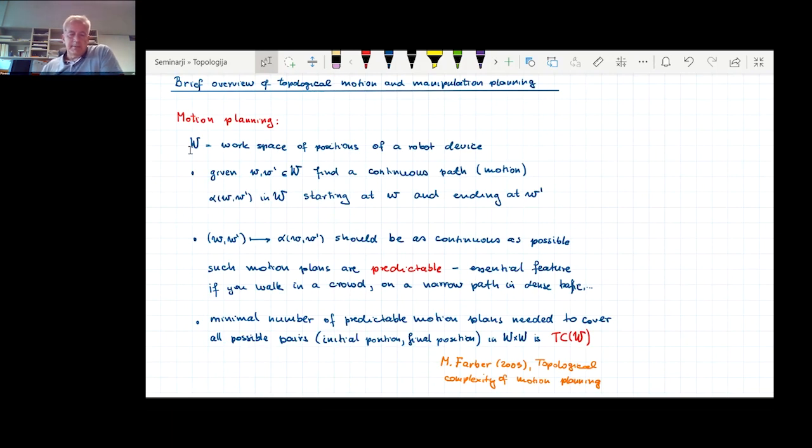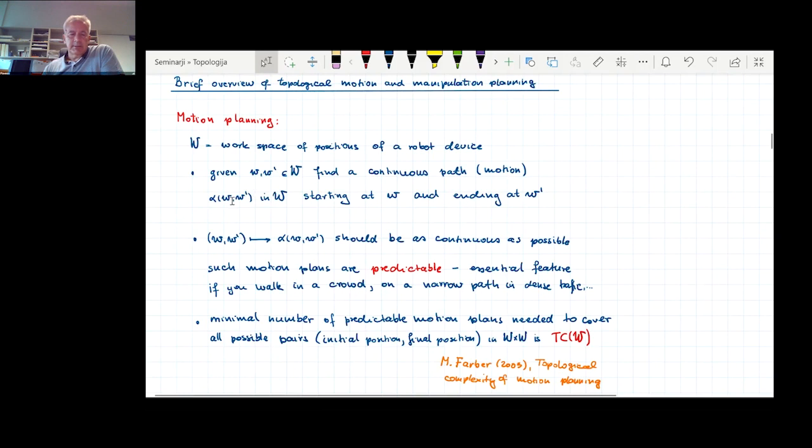And now the problem is the following: you are given two points, two states within this workspace, and you want to find a continuous path which corresponds, of course, to a motion. And let me call it alpha of these two, initial and the final point, and the path which runs within the workspace, so within, in a sense, allowable positions of the robot.